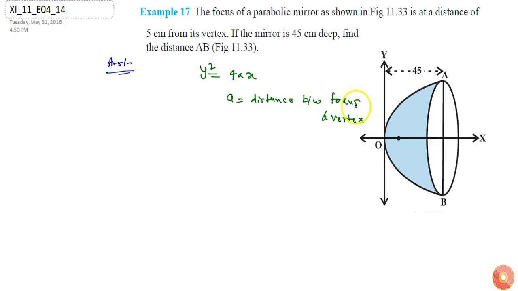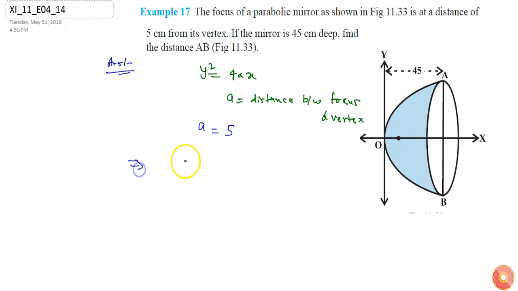So a is the distance between focus and the vertex. In the question it is given that the focus of the parabola is at a distance of 5 centimeter from its vertex. So I can say that the value of a is 5.